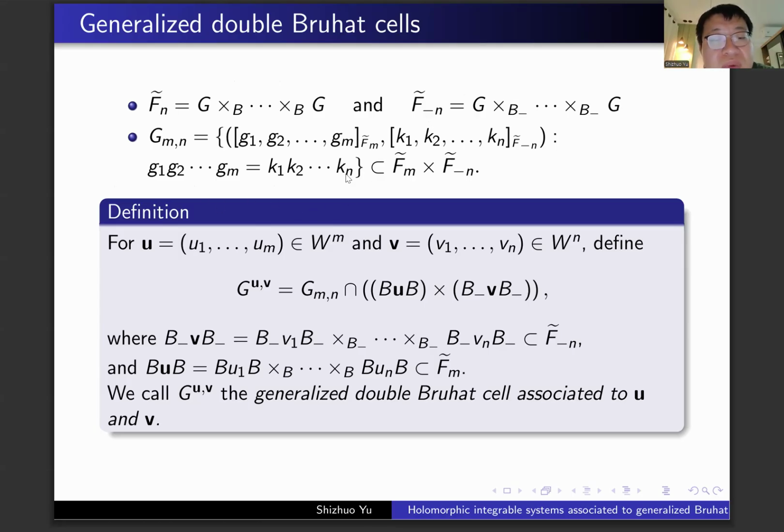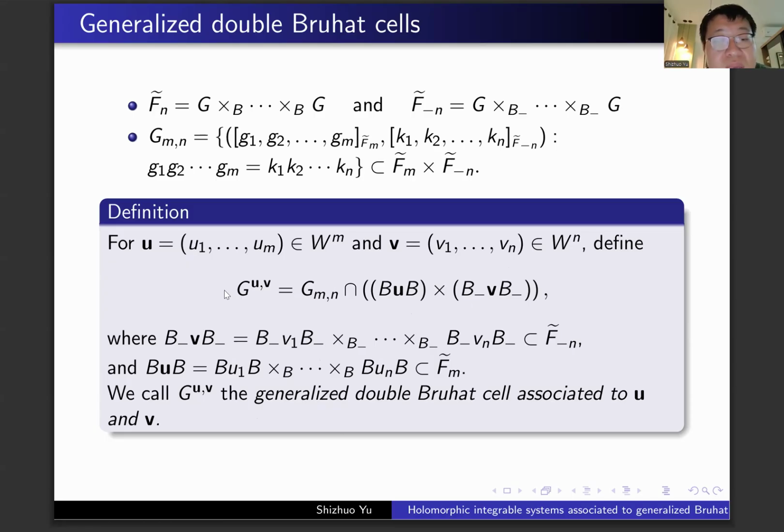If it satisfies these equations, it means that it is the intersection of B_+ U B times B_- V B_- with G, the so-called generalized double Bruhat cell associated to U and V. When U and V are single Weyl group elements, it is just the generalized Bruhat cell.